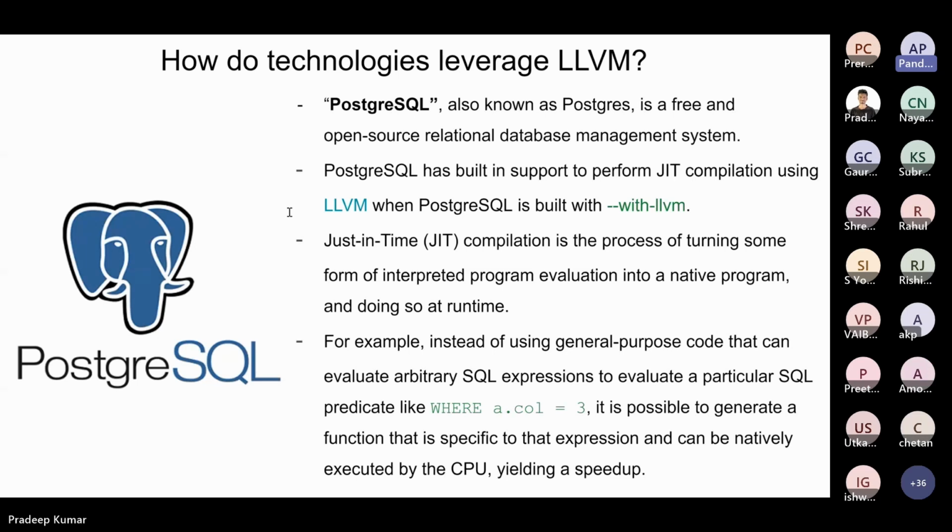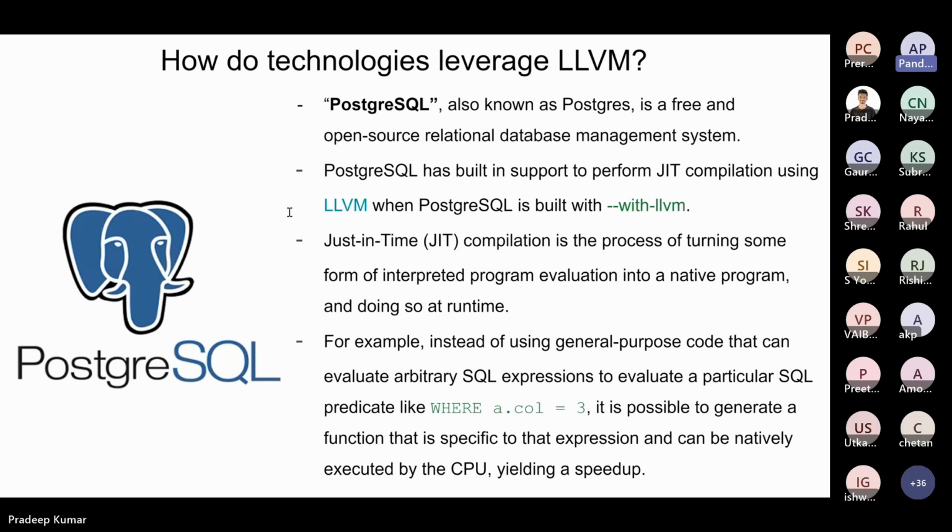While this works well enough for very short queries, if you have very long or very complex SQL queries, especially where parallelism is possible, then you lose out on a lot of performance just because you're using an interpreter. JIT compiling is basically a process of turning some form of interpreted program evaluation into a native program and doing it at runtime.